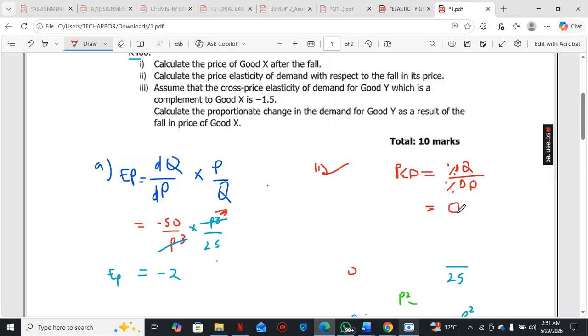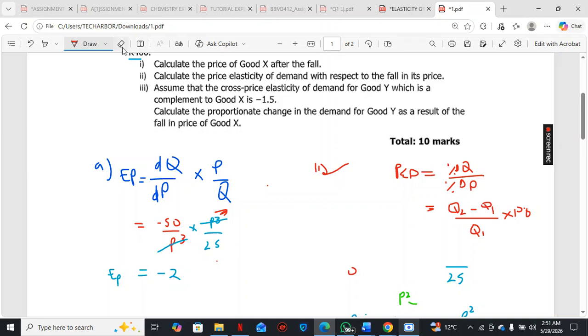The new value minus the old value over the old value times 100. This is the percent change for quantity: the new quantity minus the old quantity, multiplied by 100.